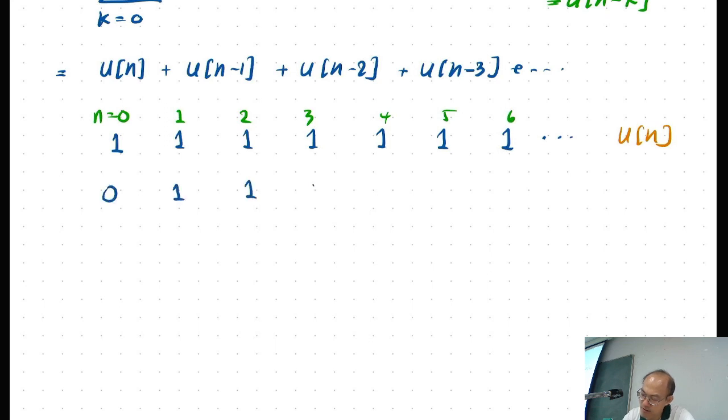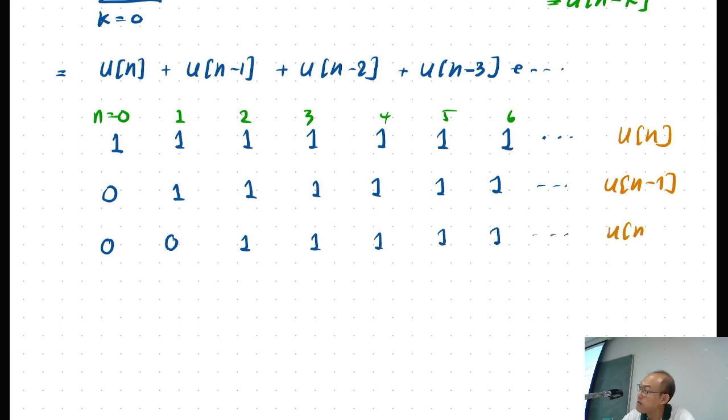This is u[n minus 1]. What is u[n minus 2]? It starts at n equal to 2. What is u[n minus 3]? It starts at 3. And so on.